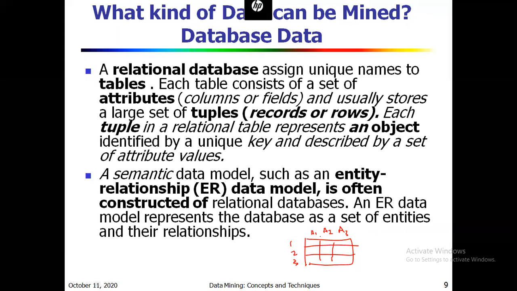These attributes are in fact the dimensions of the database. If there are three attributes, it has three dimensions. If it has one attribute, it has only one dimension. In a data set, we call this a sample, and this sample belongs to a real object in real life.